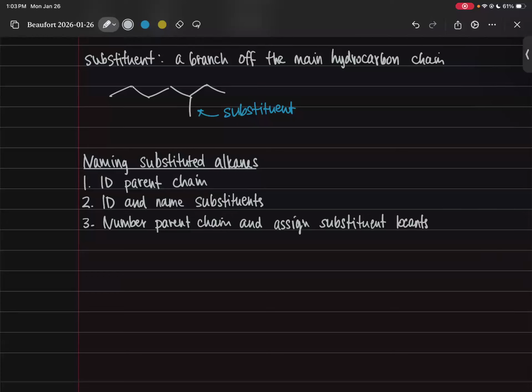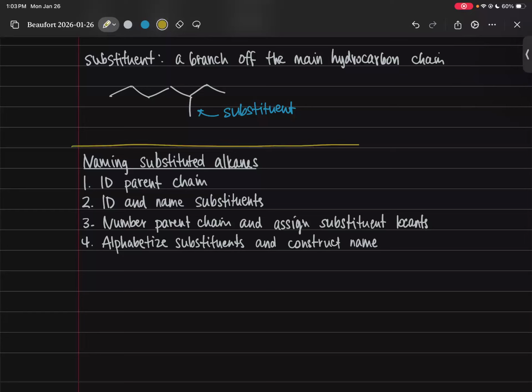Then we need to number the parent chain, and we'll talk about exactly how to do that, and assign a locant, kind of like an address, to each of our substituents. Our substituents go in alphabetical order. Wait, is that locants? Yeah, locants. And then we'll alphabetize these substituents just to make it clean and neat. And then we construct the name based on the rules that we'll talk about in a second.